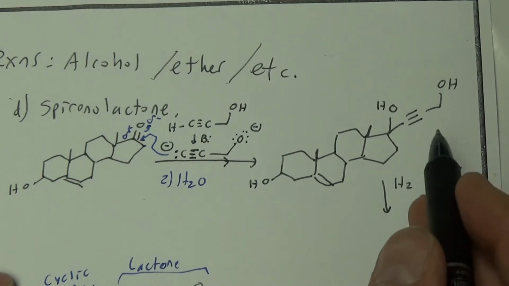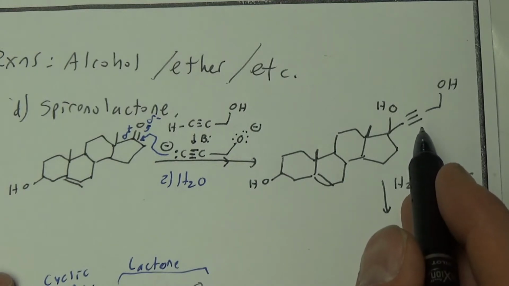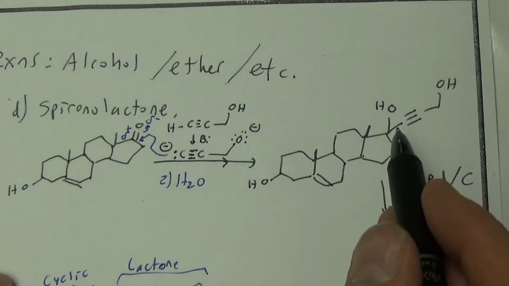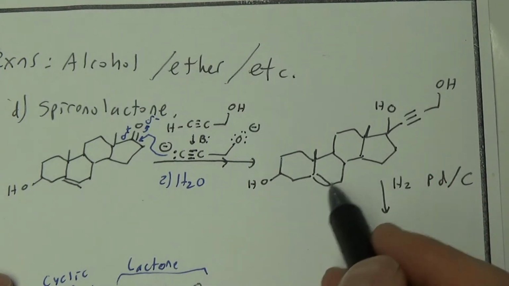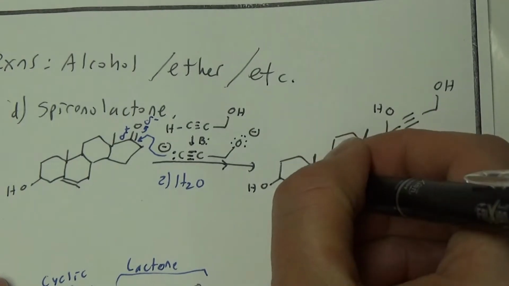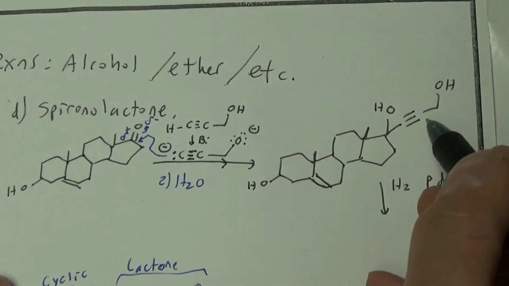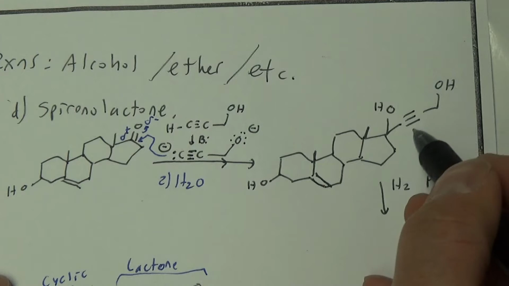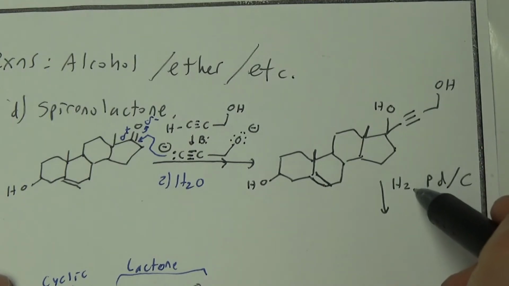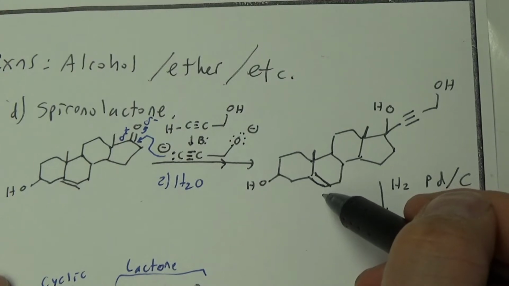But essentially it reduces an alkyne to an alkane, so it goes from a triple bond to a single bond. Interestingly, it doesn't do it to that alkene there. That's probably because it's in the ring and it's a little less reactive, whereas this guy is kind of out in the open and maybe more reactive. A little surprising that the H2 palladium doesn't touch this alkene, but that's the case.